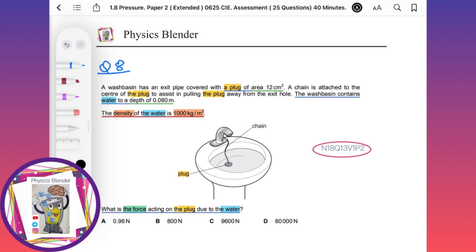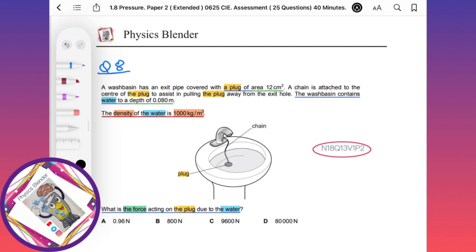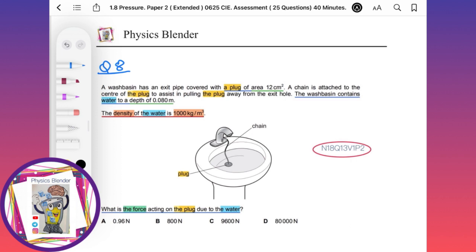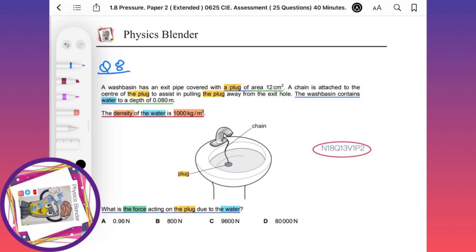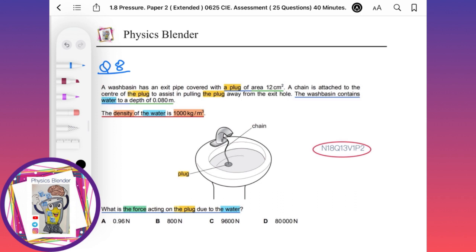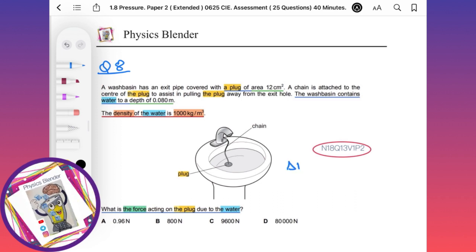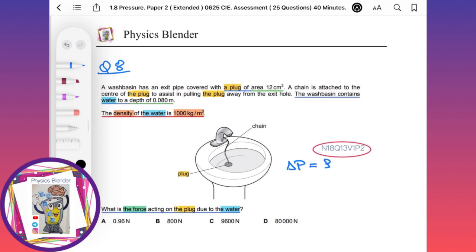And then you can use the equation pressure is equal to force divided by area of contact, because the plug is a solid surface. So the first step, you have to use delta P is equal to rho g h.